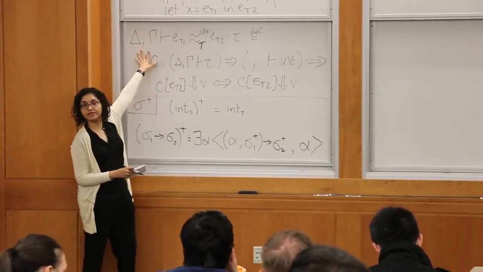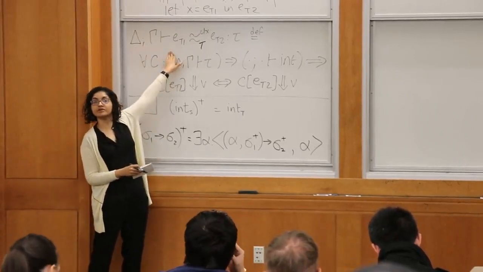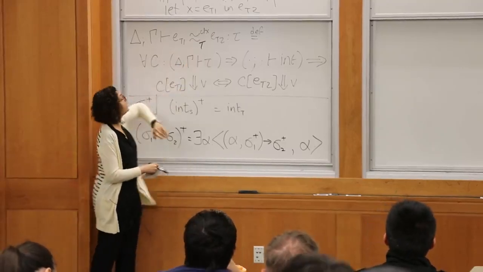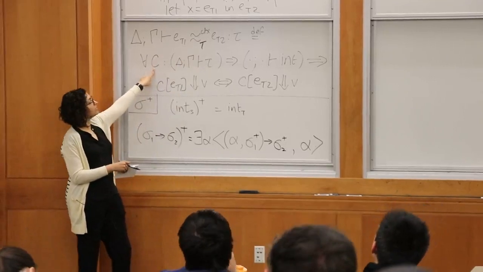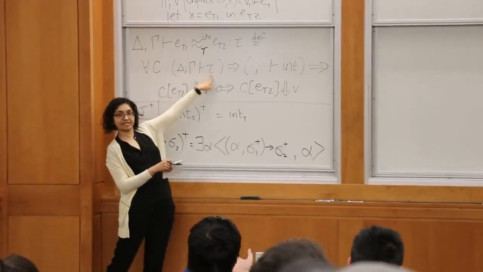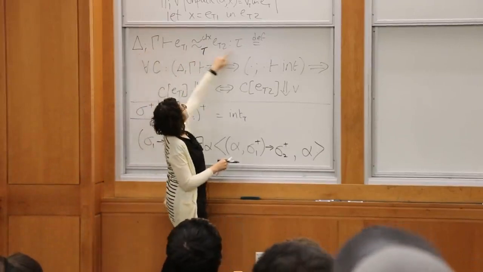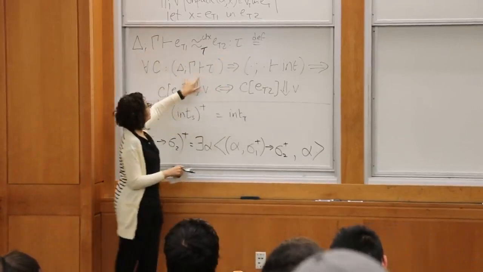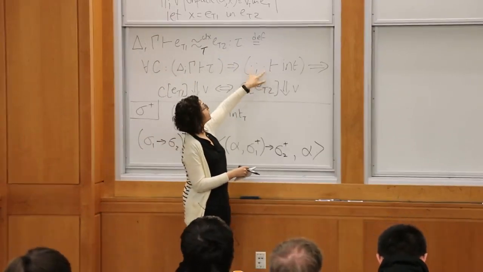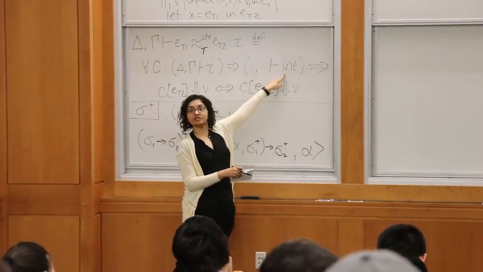So just to read through it again, two target language components are contextually equivalent in the target language if, given some well-typed context that has a hole of type delta gamma tau, which is what these components are typed under, we get back, after we plug in the hole, a closed program that returns an integer.